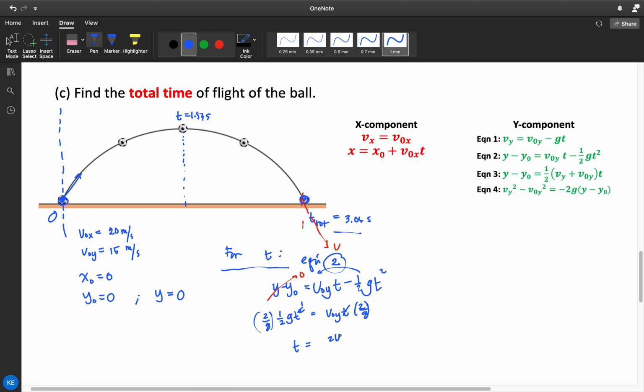So you'll have 2 voy over g. Substituting, you'll have 2 times 15 meters per second divided by 9.8 meters per second squared, so you'll have 3.06 seconds. That is where the times 2 happens whenever the parabola is symmetric: the ball's launching and landing points are the same.